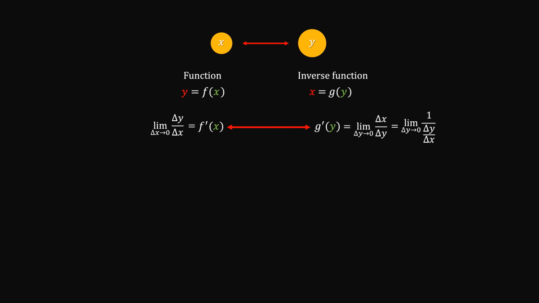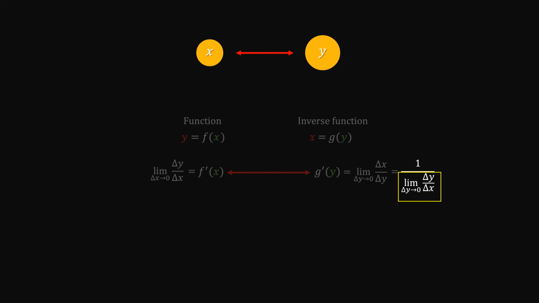Now you can pass the limit operation to the numerator and the denominator respectively. Constant remains the same. Now what is this guy? Remember, there is a connection between the two. So that implies if x changes a little, y changes a little, and vice versa.